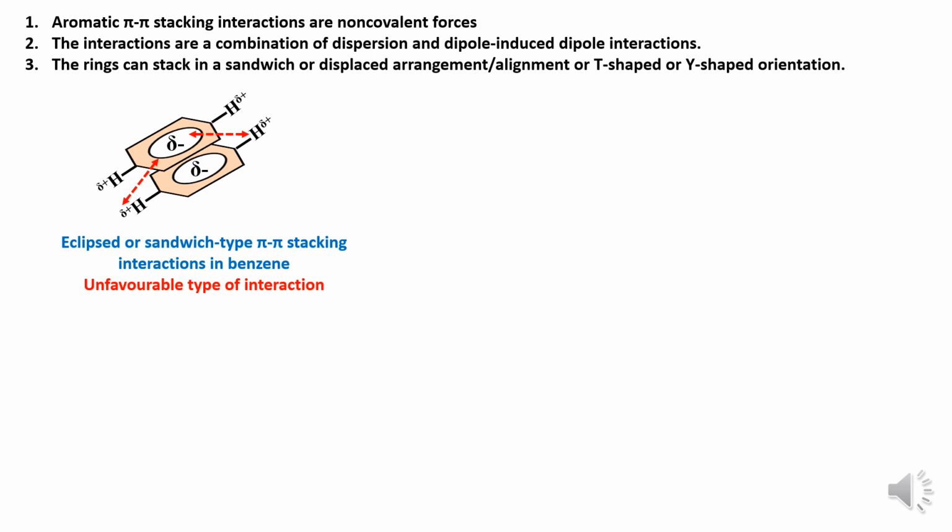So in the eclipsed or sandwich type pi-pi stacking interactions in the benzene dimer, there is an unfavorable interaction. The only positive interaction that you can find in the sandwich type is between the hydrogen atom with partial positive charge and the pi electron cloud at the center, where the electron density is more.